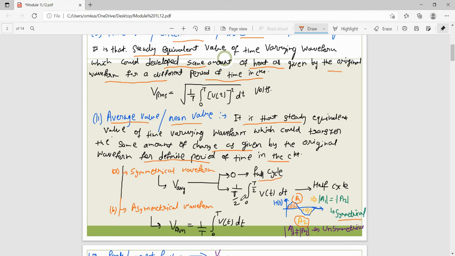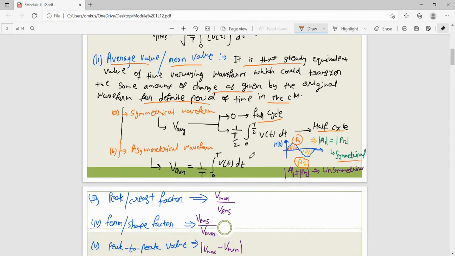But when you calculate for a half cycle, you have to reduce the time period accordingly. Since you are considering half a cycle, the time period is also divided by 2, so the limit changes to 0 to T by 2 of v of t dt. In this way, you can easily find the average value.